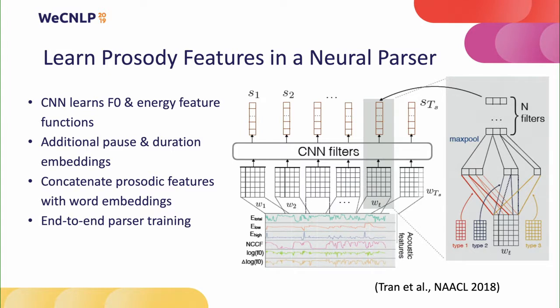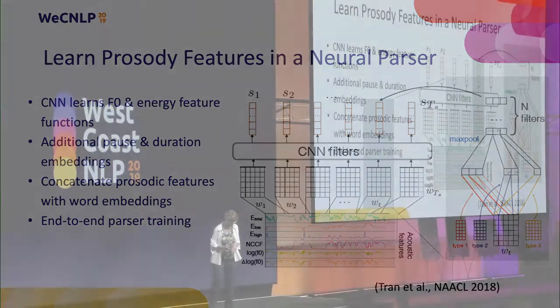It's going to slide around the words so I can ask, does it matter to be in the beginning or the end of the word? I'm going to learn those things automatically. And then I'm going to concatenate those with other prosodic features, which are word durations and pause durations, and those are going to be embeddings too. And then we've got word embeddings, which is text, that are going to be input into the parser. So I'll concatenate all of those, throw them into a parser, and do end-to-end training.